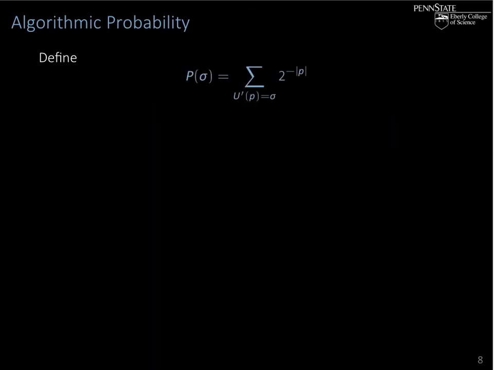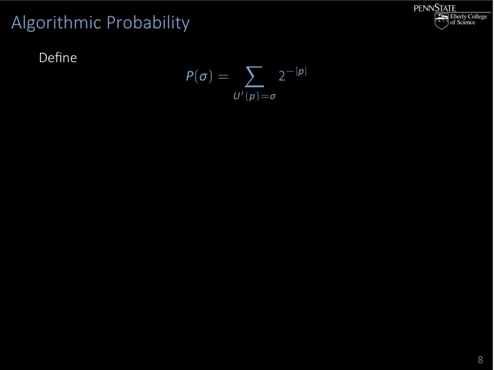So here is the formal definition of algorithmic probability. We define a probability distribution on strings the following way. The probability of sigma is the sum of 2 to the minus the length of p, where p is an input to the universal prefix-free machine that produces sigma as output.